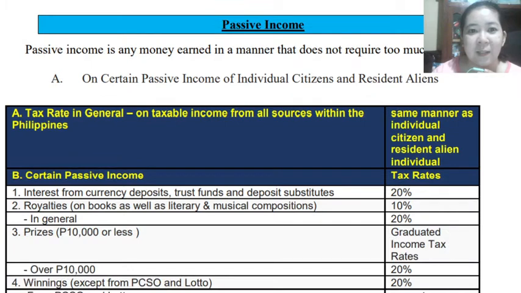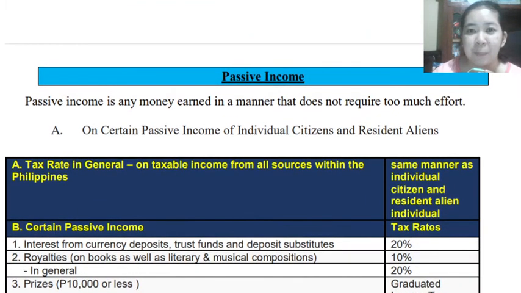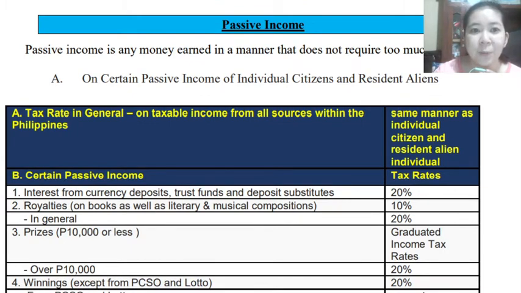Okay, so we have here the table for the specific passive income and its corresponding tax rate. So for passive income, we have a final tax rate. The first table is on certain passive income for individual citizens and resident aliens. So this will be applicable for these taxpayers.